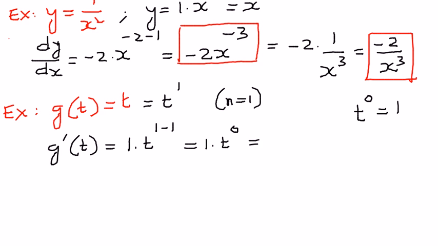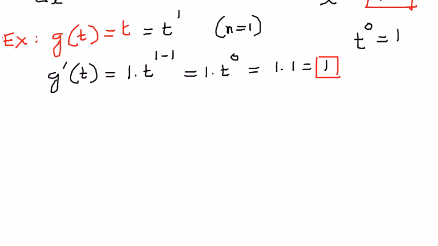So therefore 1 times 1, and that is equal to 1. So our answer is going to be equal to 1. So when we have a function g of t which is equal to t, the first derivative of that function is going to be equal to 1, like that. Let's take another example here.